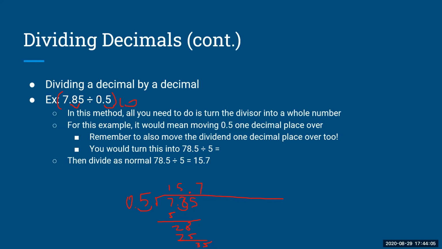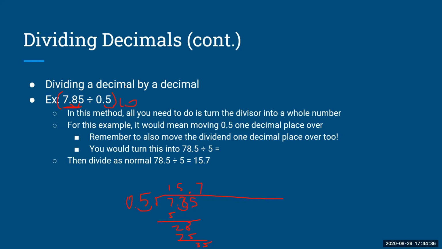If I change the divisor, I have to change the dividend, and the other way around. If you don't, then it's not the same question anymore. It's not 7.85 divided by 0.5 anymore. It becomes a totally different question. You get a different answer. So you can if you keep both balanced. You have to keep the balance, you know?